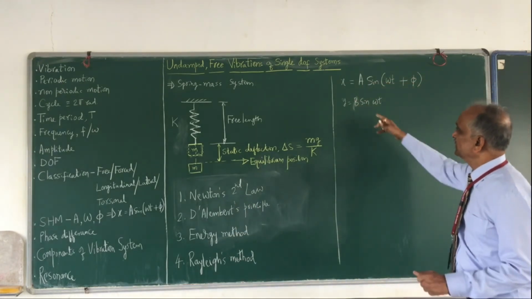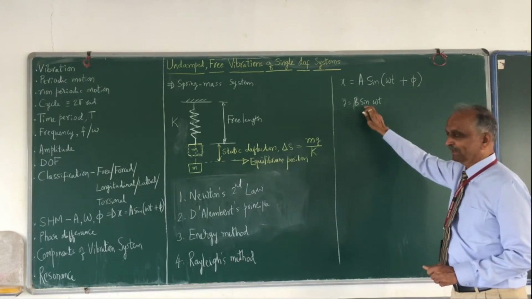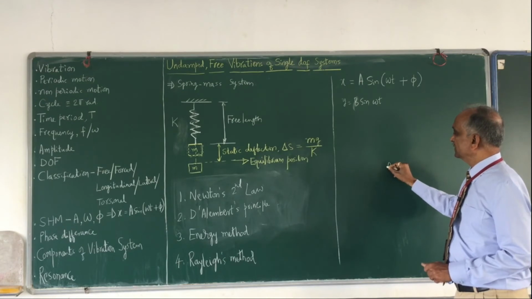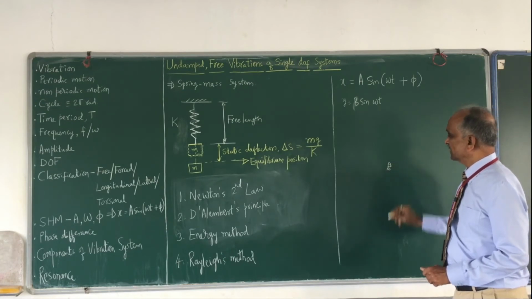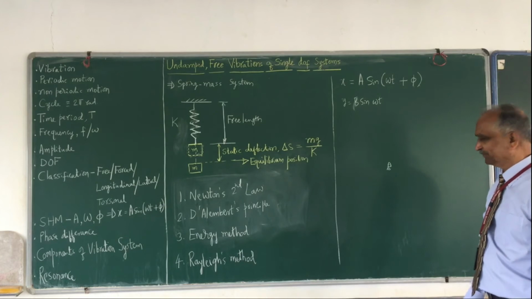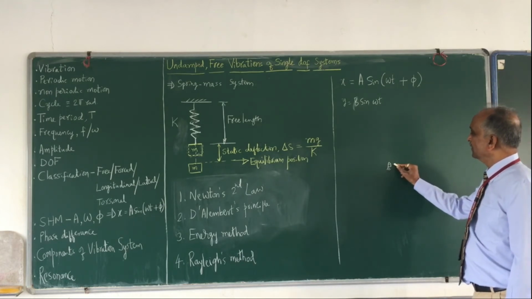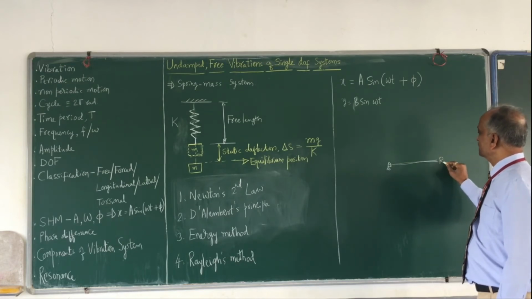How do I represent it? Let me represent the first one as a vector. You can choose a starting point or just the center, then draw a horizontal line. I call this the reference.